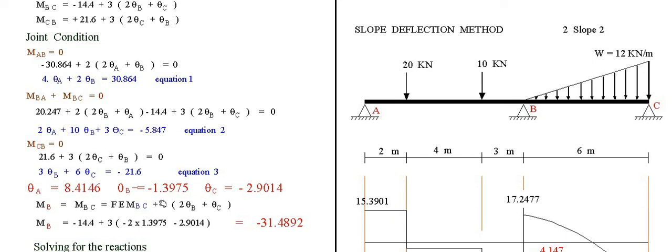Then theta B is minus 1.3975, negative. The orientation is opposite that of analytic geometry, so the slope of the tangent line at B is going right.